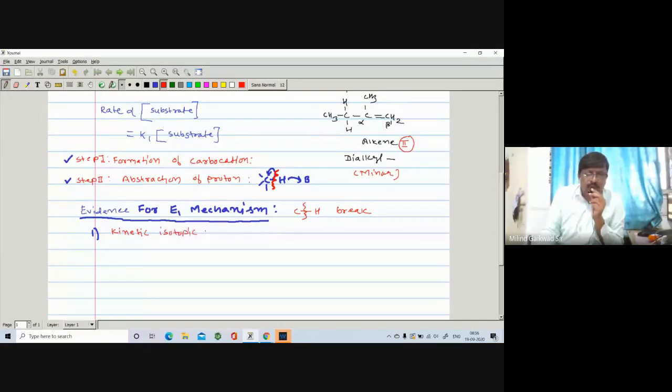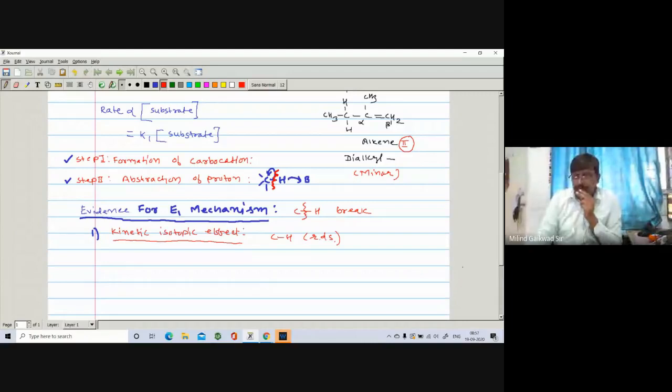We have learned this kinetic isotopic effect also in the aromatic electrophilic substitution reaction, where we explain whether the CH bond breaks in the RDS step, the rate determining step, or not. If it breaks, then the rate of reaction will be different. If it does not break, then the rate of reaction will be the same.